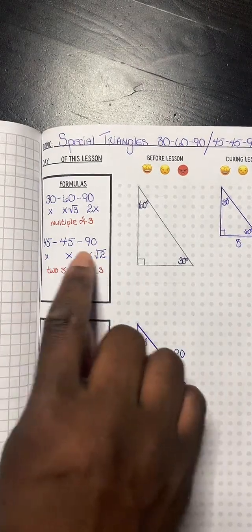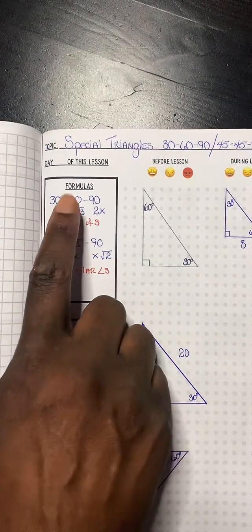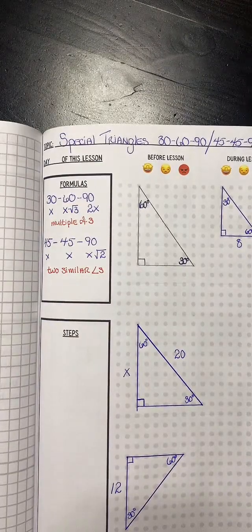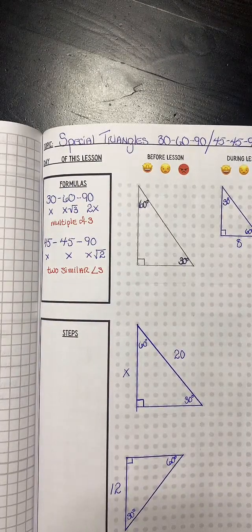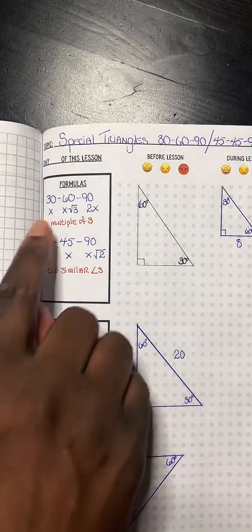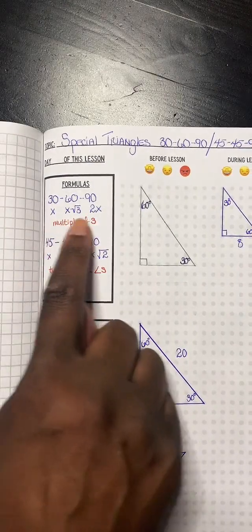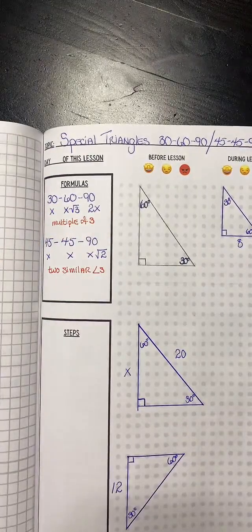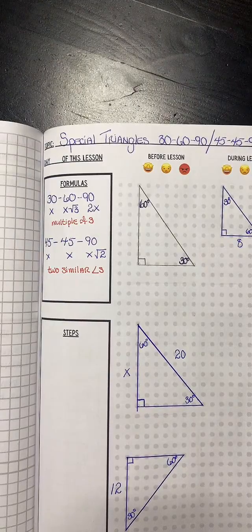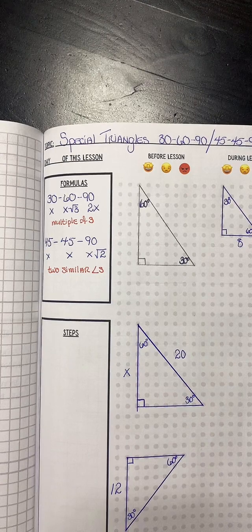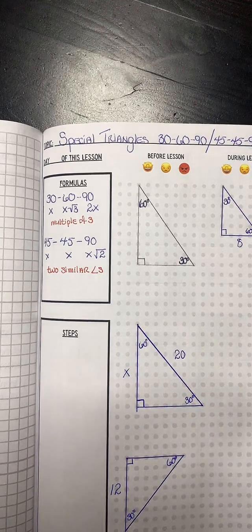Sometimes they'll throw in a 45, 45, 90, but for most assessments like the ASVAB, ACCUPLACER, GED, and if in class, but mostly those assessments, they always kind of give us a 30, 60, 90 triangle. And if you knew this compilation of how to do this, it will save you so much time and so much energy. All right, so let's get started.